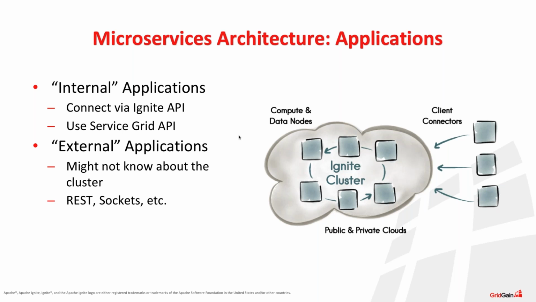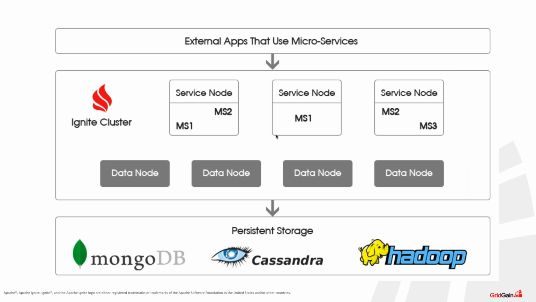But if you have an application that utilizes Apache Ignite APIs and connects to the cluster of your server nodes, data nodes and service nodes by means of client applications, then you can keep using the Service Grid API right away. That's it.